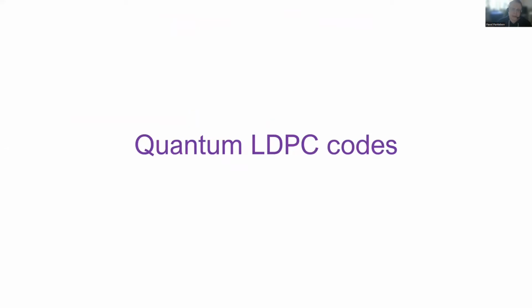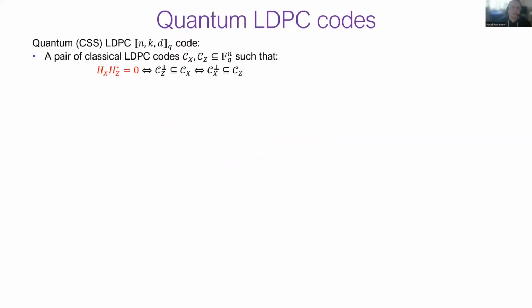Okay, let us discuss quantum LDPC codes. We can see quantum LDPC codes from a special subclass of codes called CSS codes, and this kind of code is defined by a pair of classical LDPC codes, which we denote by C_X and C_Z. The reason why we have two codes instead of one is that in the quantum world we have two kinds of errors. The first kind corresponds to the standard classical bit flips, and we also have another type of error called phase flips.